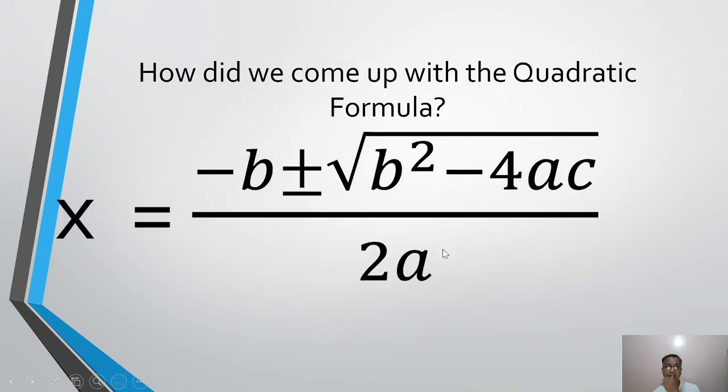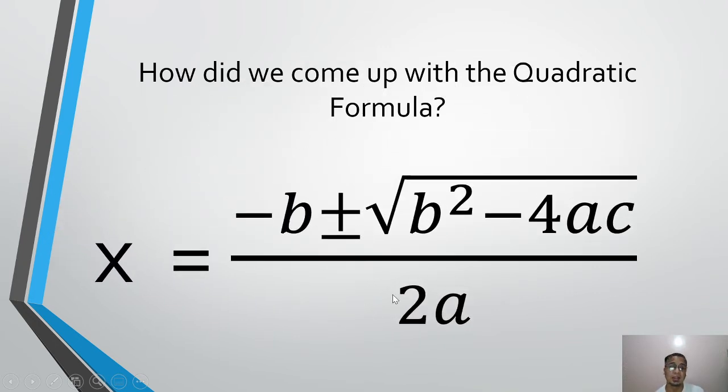So, ang mangyayari dyan, ito na yung ating quadratic formula. So, x, or kahit ano pong variable man yan, is equal to negative b plus or minus the square root of b squared minus 4ac all over 2a. Ito na mismo yung gagamitin po natin.